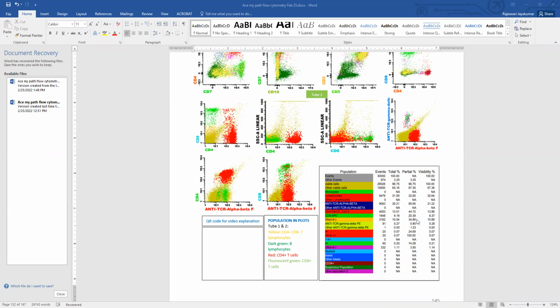That is almost 11% of all lymphocytes, and they are 35% of T cells. So it's way above the minimum criteria that is required. Our minimum criteria, if you remember, is greater than 1.5% of all lymphocytes. Here we have 11%, and greater than 2.5% of T cells, and here we have 35%. So this satisfies the criteria for autoimmune lymphoproliferative syndrome.